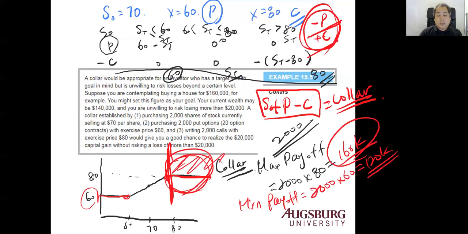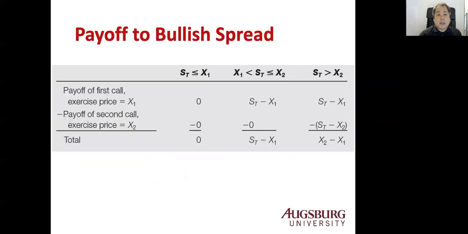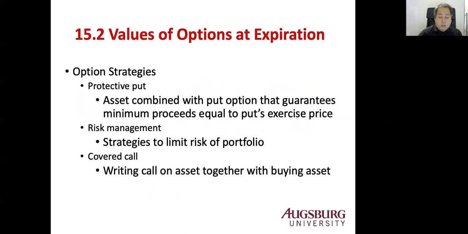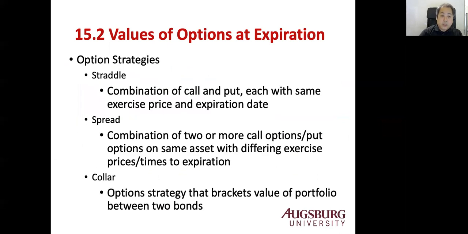This part is a little long. Again, let's go back to the first slide. Protected put: stock plus put option. Covered call: stock minus call option. Straddle: you have a call option and a put option together.